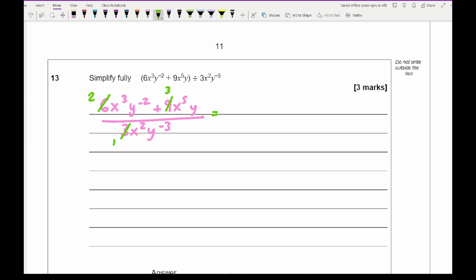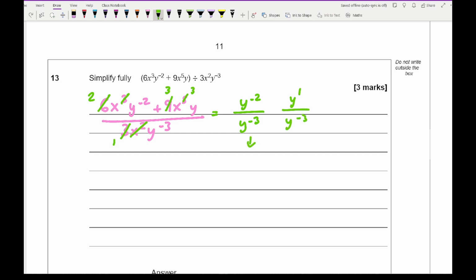Looking at the x's, I can take the smallest power of x out, so I'm going to divide all the x's by x squared, or take 2 away, so that then becomes a 1. That's then going to become a 3. Now when it comes to the y's, I'm going to end up with y to the minus 2 over y to the minus 3 plus y over y to the power of minus 3.